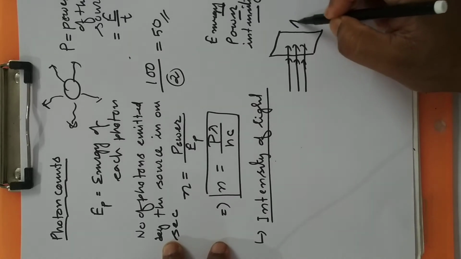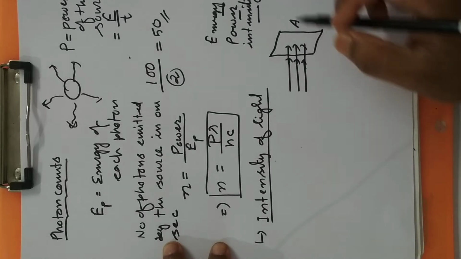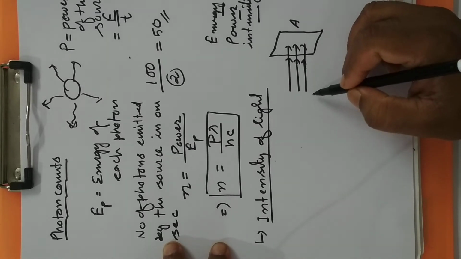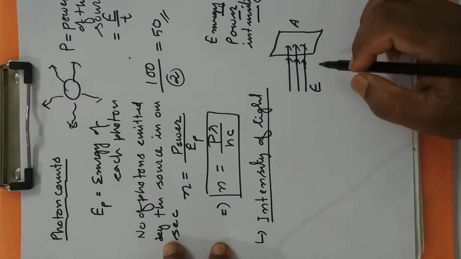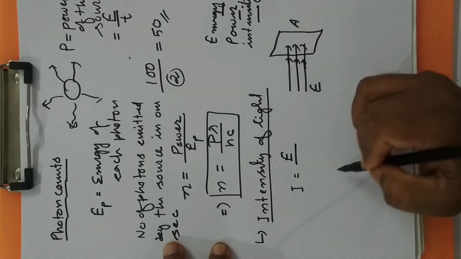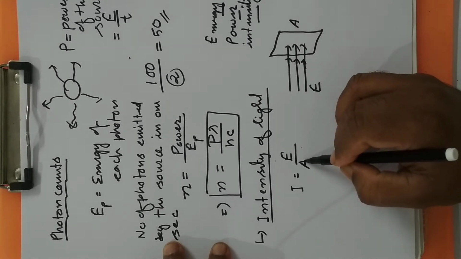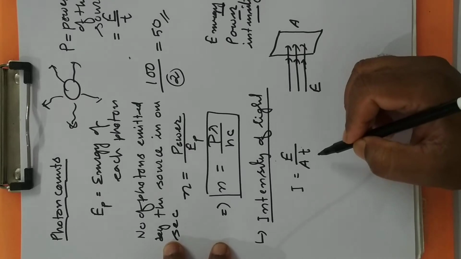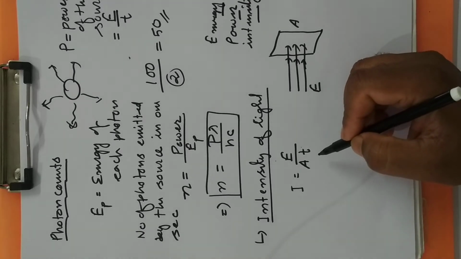For example, the surface area is A, the energy which is coming is E, then we can write intensity as energy divided by area divided by time. This will be defined as intensity of light.